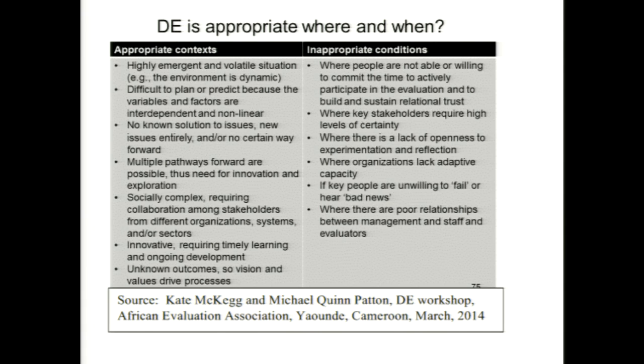If they can't change, if they said, we're stuck, we have this staff, we have these resources, we have this strategy forward, we're not doing anything else differently, if they're unable to adapt, then don't even bother with developmental evaluation. Anyway, you can read the rest. So those are inappropriate situations to be doing developmental evaluations.